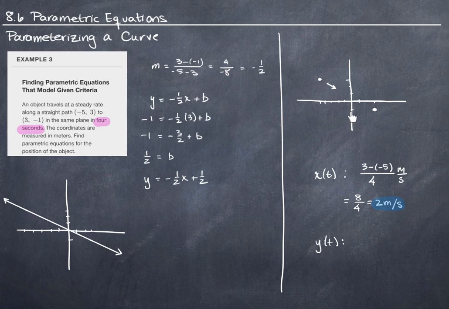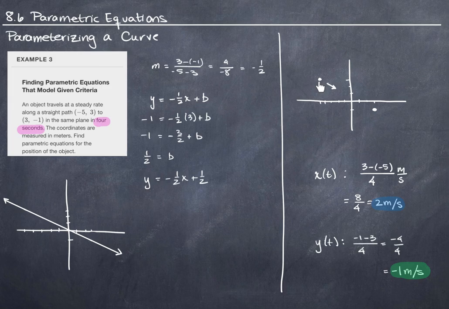So you start at the end and subtract. -1 minus 3, and that's also going to be over 4. And that's also going to be in meters per second. So I have -4 over 4, which is -1 meter per second. And that's also a rate. I'll highlight that one in green.